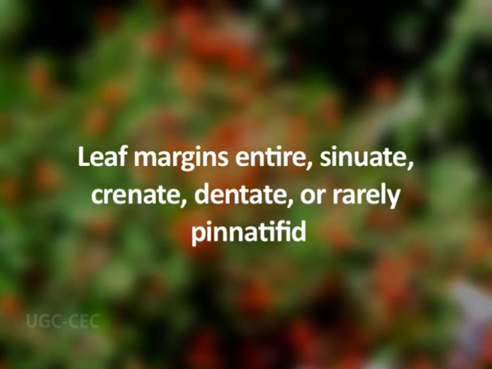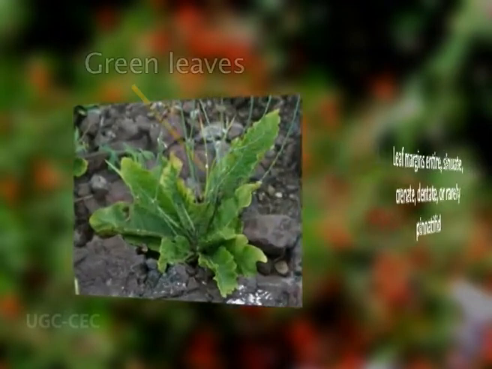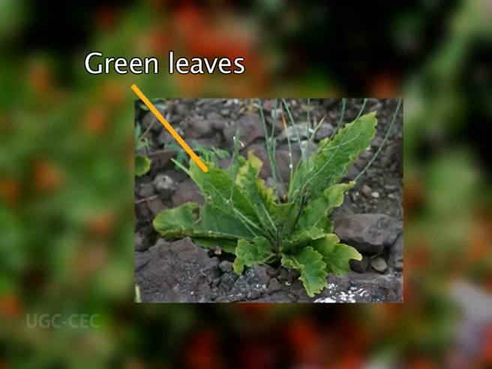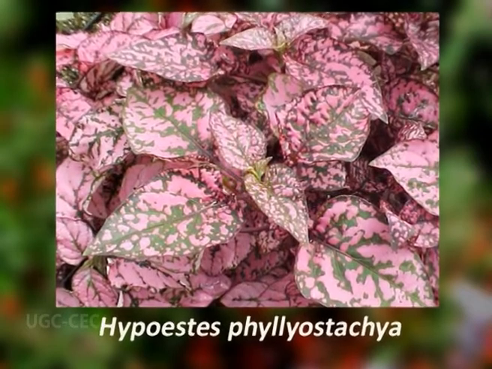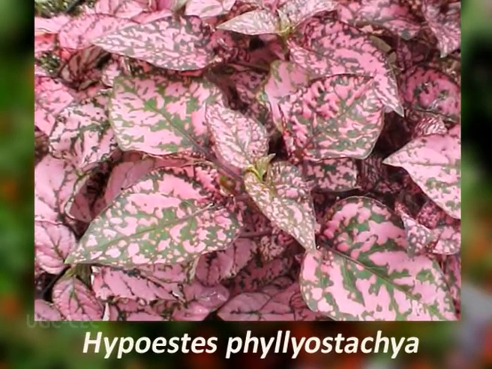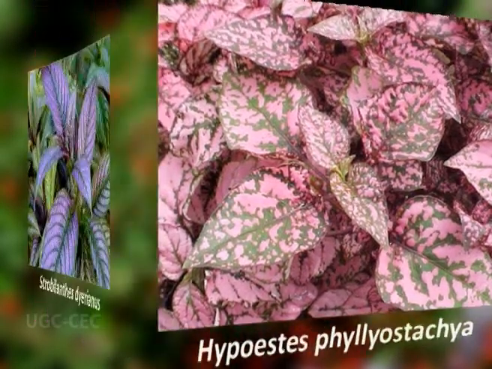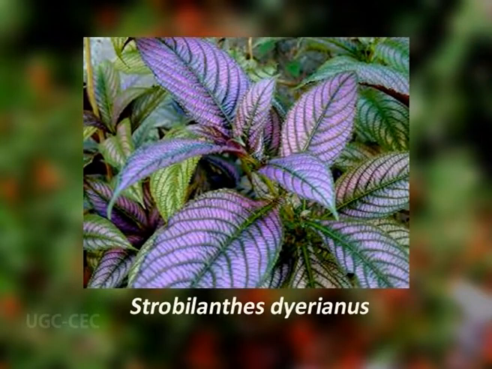Leaf margins are entire, sinuate, crenate, dentate or rarely pinnatifid. Leaves are usually green in color. However, some acanths have remarkably colored leaves, so that many of them are cultivated for their foliage. For example, Hypoestes, Phyllostachya and Strobilanthes dyerianus.